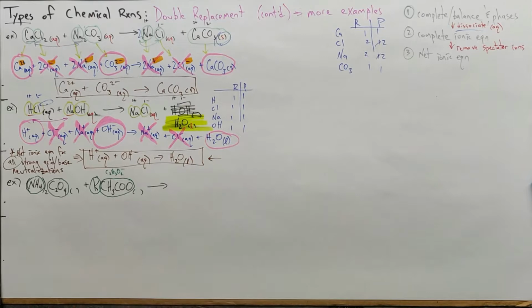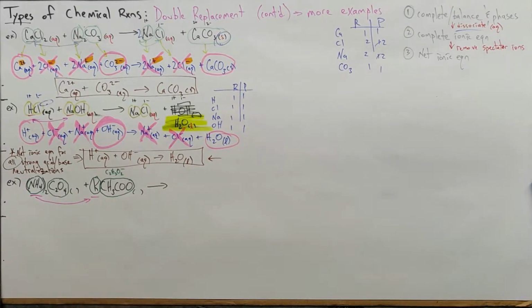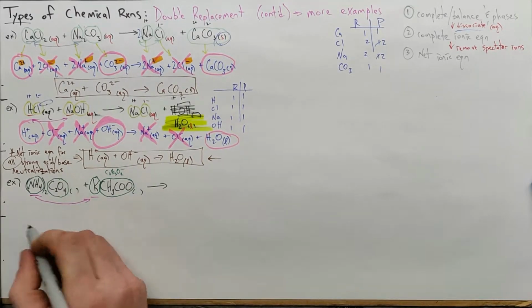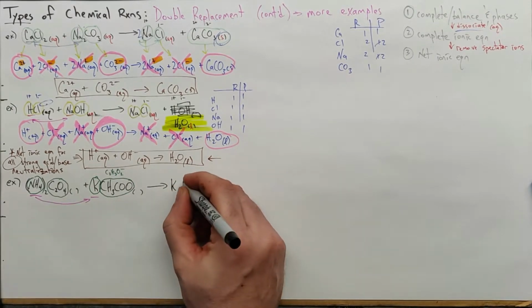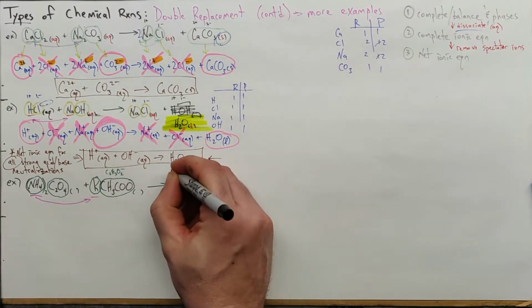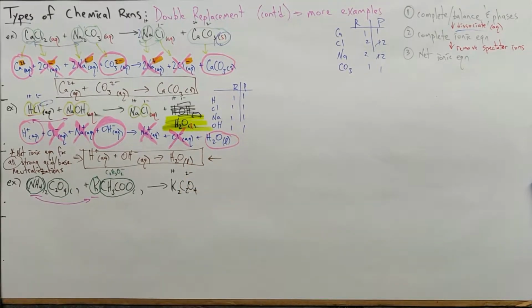So as we get to the other side, we're going to do what we did before, which is the cations or anions are switching places. And let's see what we get for our new products. The potassium is now going to be with the oxalate. That's a 1 plus and a 2 minus, so we're going to need two of those potassiums. And here, you may be saying to yourself, why can't we reduce?